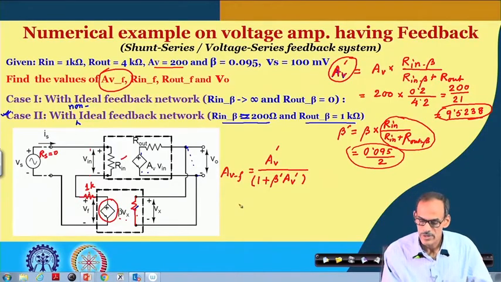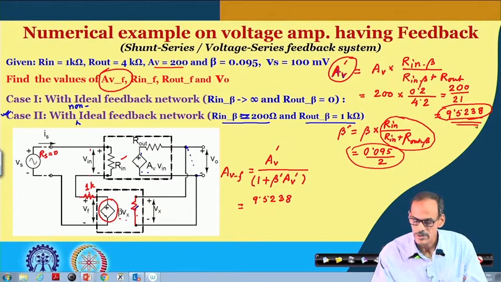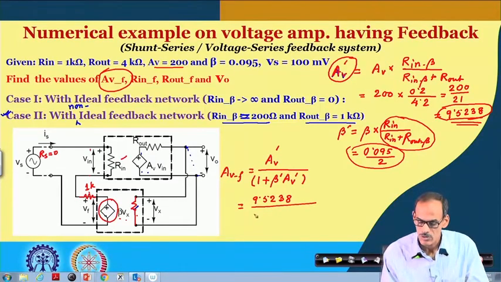So, we have here 9.5238 divided by 1 plus 0.095 by 2 into 9.5238.